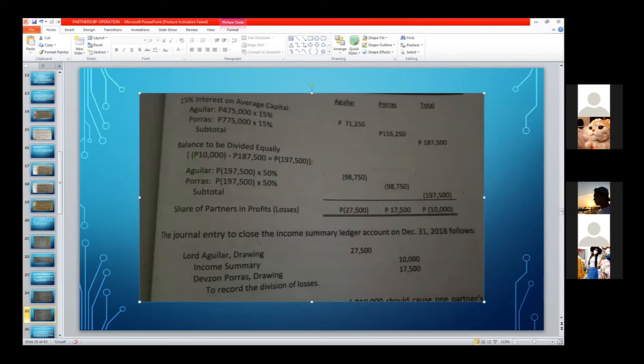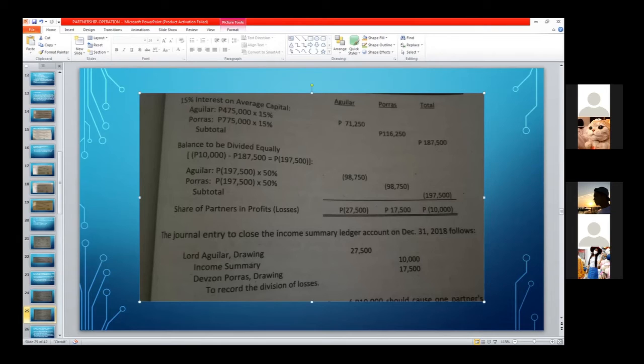Debit or credit? Debit po. Okay, very good, tama. Kapag meron naman tayong profit sa debit or credit? Credit po. Okay, very good.